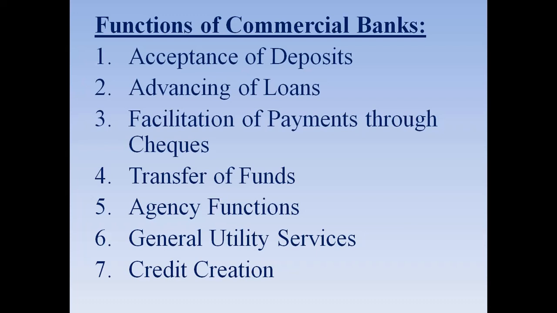If you have to pay the EMI of your scooter or four-wheeler or of your loan, and you select auto payment, then every month on a particular date the amount will be debited, which means the bank will make the payment automatically on your behalf. So that is known as the agency functions.